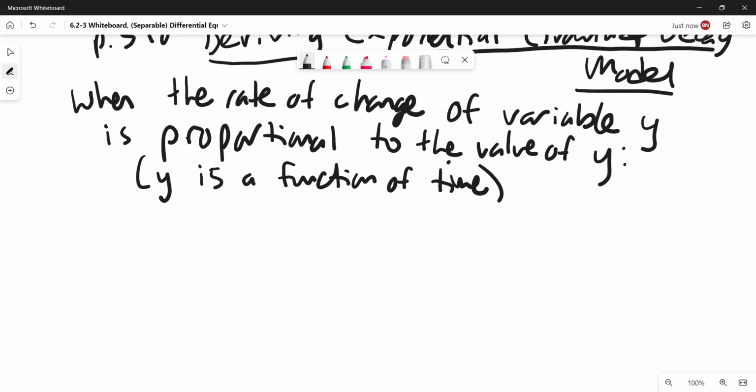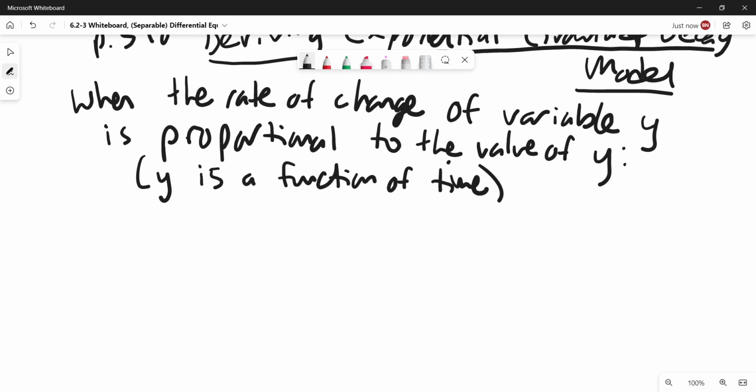It's similar to generic exponential growth, like y equals 2 to the power of x, but in this case it's continuous compounding where the base is e and not 2.